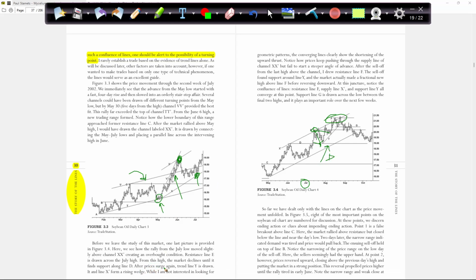After prices surge again, trend line Y is drawn. This one, trend line Y is drawn. It is the line X prime from a rising wedge.